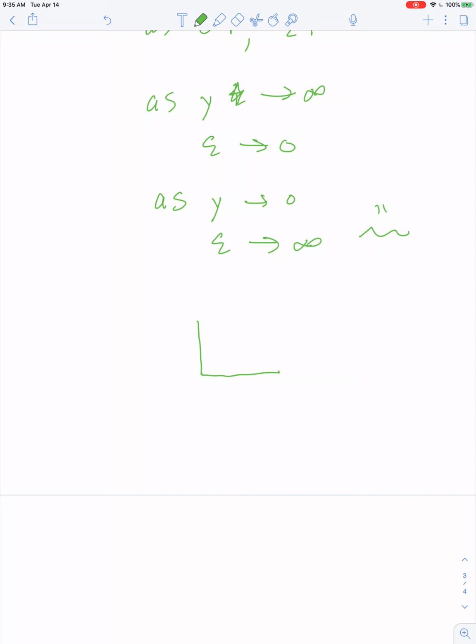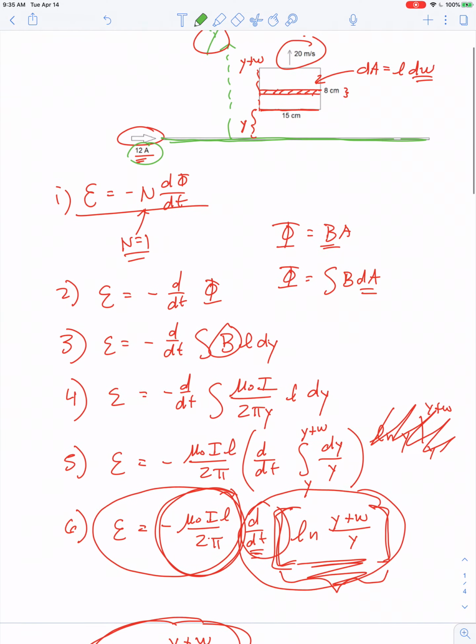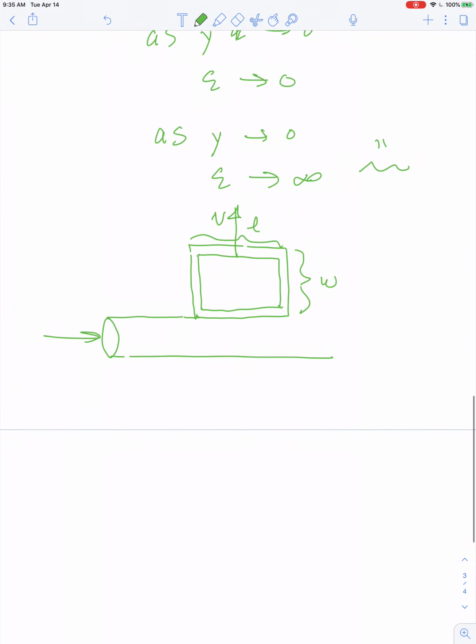However, if we look at a magnified view of this loop of wire of length L and width W being pulled upward with a velocity V, the closest it ever gets to our wire that's carrying the current of 12 amps, we'll just call it I. See, we can't get a case where y equals 0 because we measure the distance from the center of that wire to the center of this wire, and so that can't approach 0.